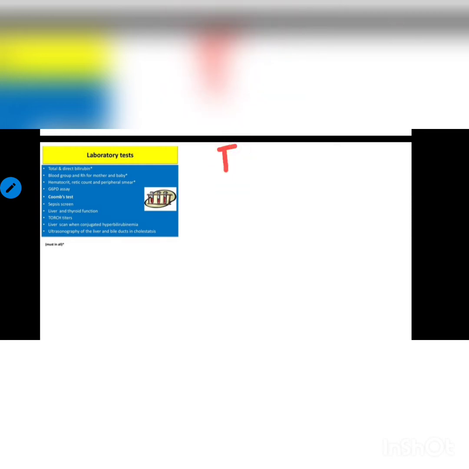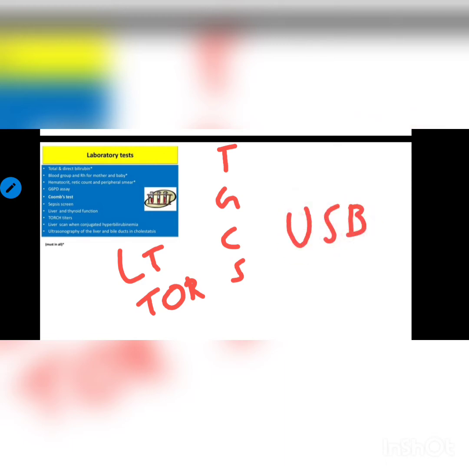You should check blood group and Rh for mother and baby, and you should test hematocrit, reticulocyte count, peripheral smear, and G6PD assay. Then Coombs test you can do, then sepsis screen and liver and thyroid function, then TORCH infections, then liver scan when conjugated hyperbilirubinemia, then ultrasonography of the liver and the bile ducts in cholestasis.